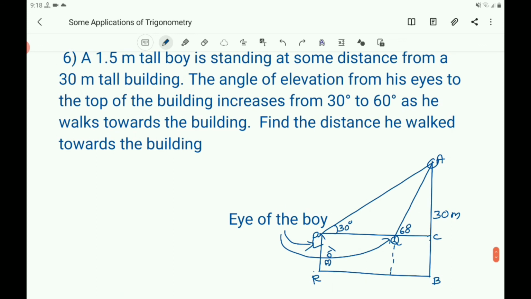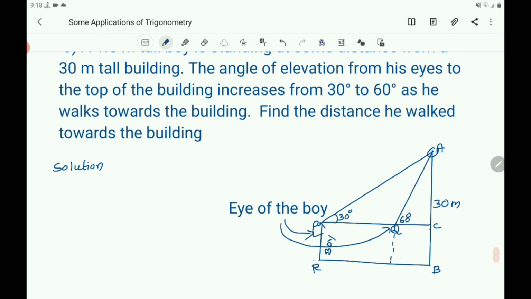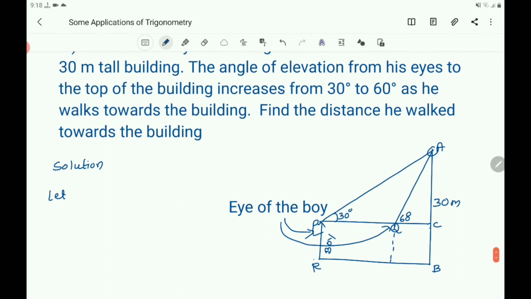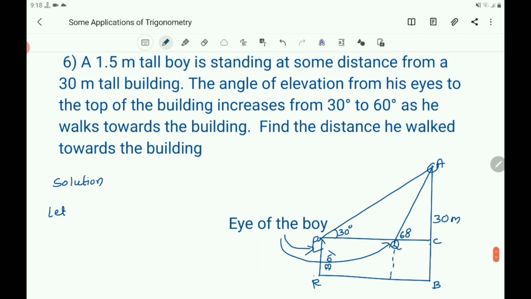So you write, that is the solution, let the height of the boy, PR, equal 1.5 m.